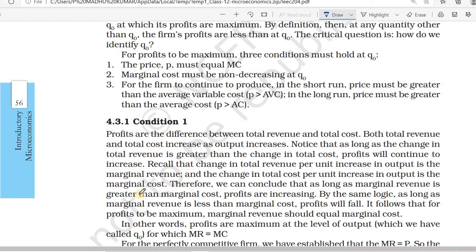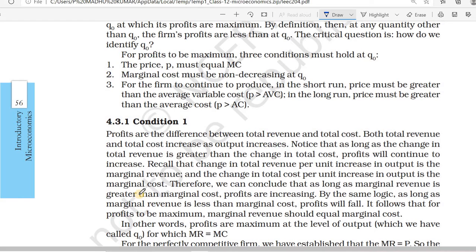Notice that as long as the change in total revenue is greater than the change in total cost, profit will continue to increase. Whenever total cost is increasing, production is also increasing, and as a result revenue will also increase.